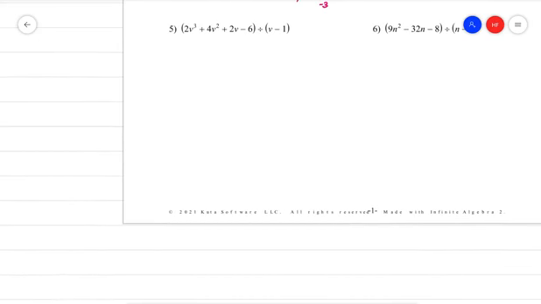Now number 5, we're going to do the same thing. So we are using long division. Check that all my powers are here. We start with a 3, then a power of 2, then a power of 1, and a constant. Write that underneath, and then divided by v minus 1.